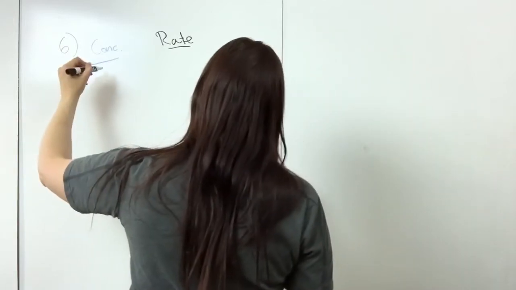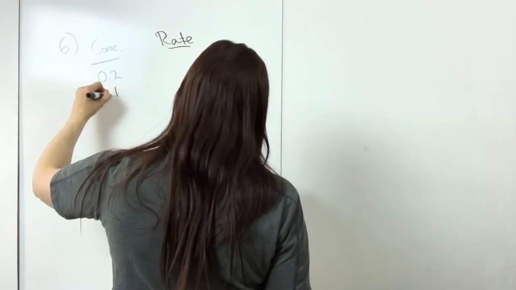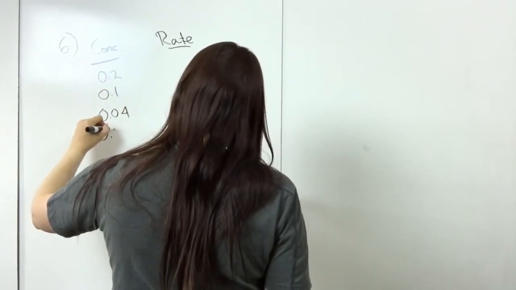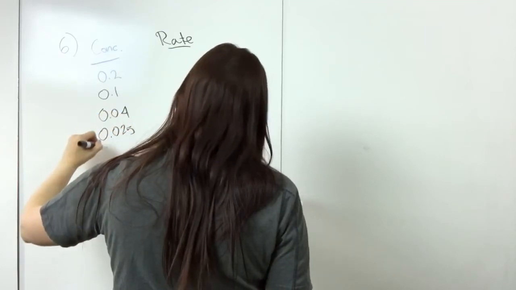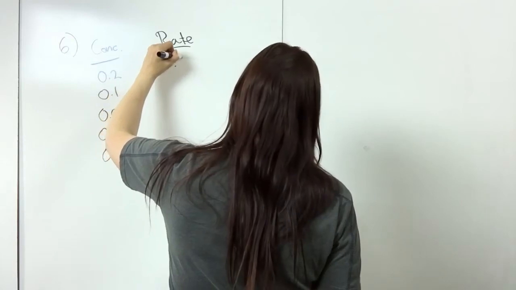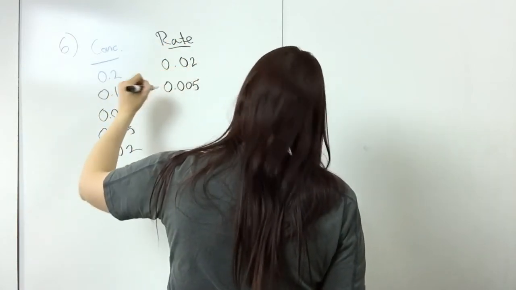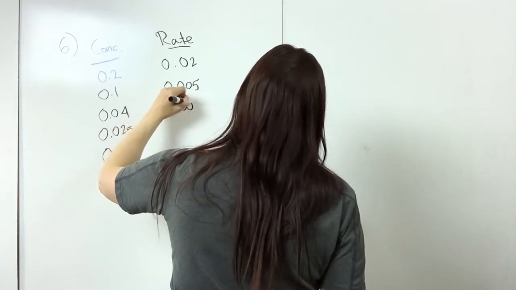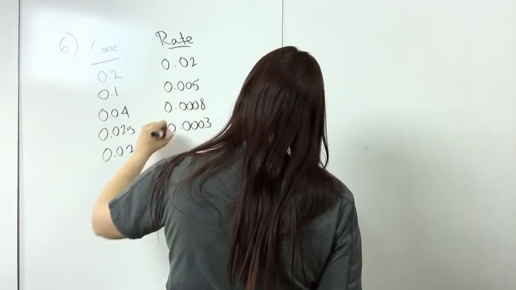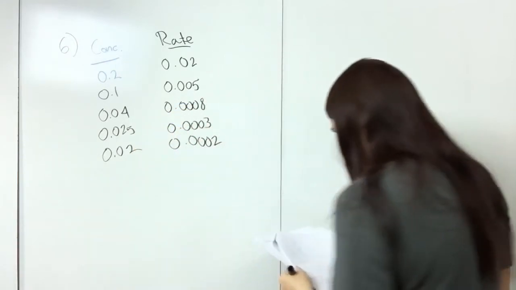So for the concentration, you have 0.2, 0.1, 0.04, 0.025, 0.02, and for the rate you have 0.02, 0.005, 0.0008, 0.0003, 0.0002.